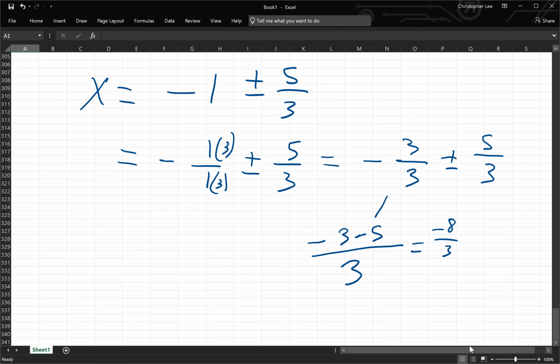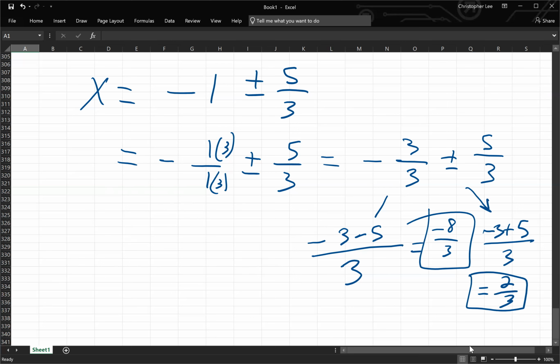The other is the plus: negative 3 plus 5 over 3. Negative 3 plus 5 is 2, so this should be 2 over 3. And so these are my answers here. Just separate them by a comma.